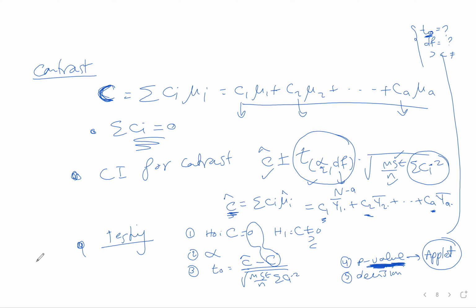You go to the applet, you find the first box, second box. The first box is called the nu, second box is called the X, third box has greater than, less than, doesn't equal, and then the last one is p-value.